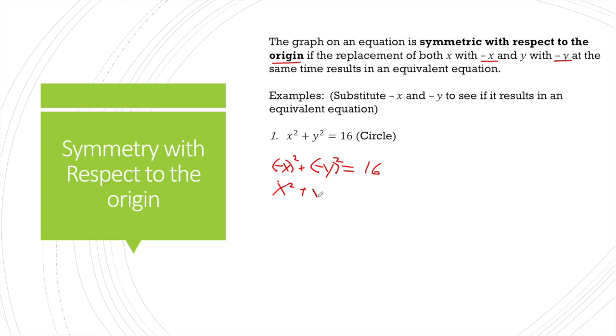That's just going to give me a y squared. So because our original equation, when we substitute negative x and negative y, gives us an equivalent equation, we know that this circle, whose center is the origin, is symmetrical with respect to the origin.